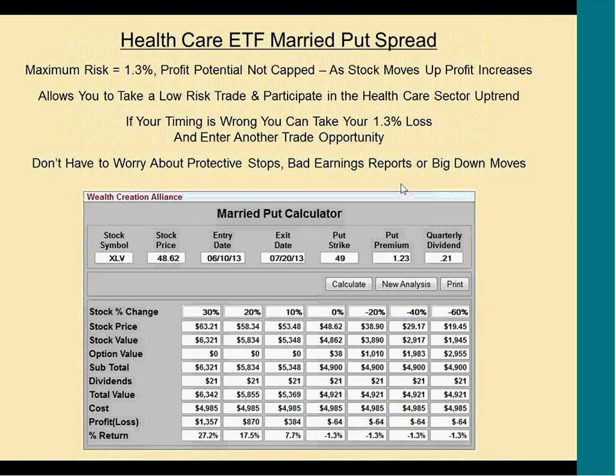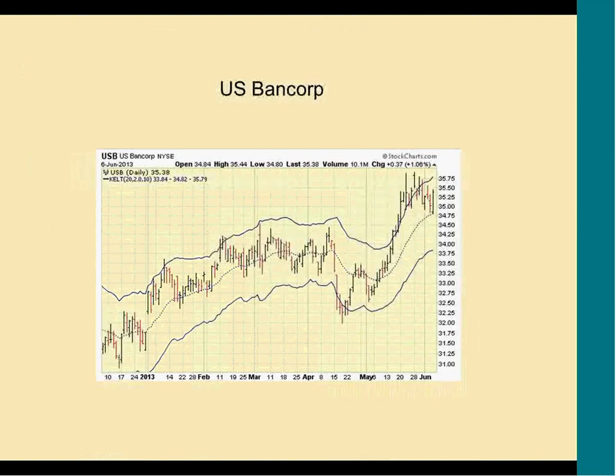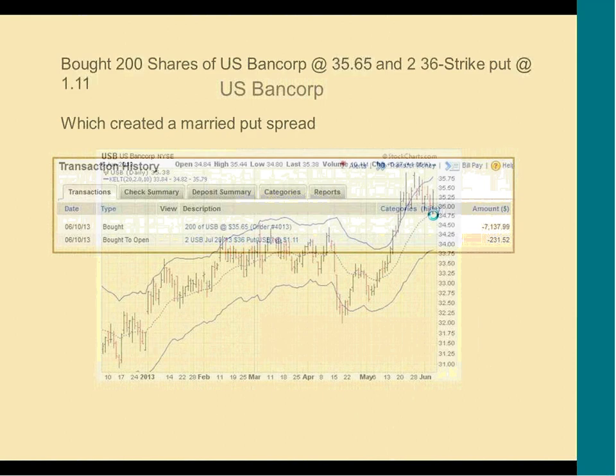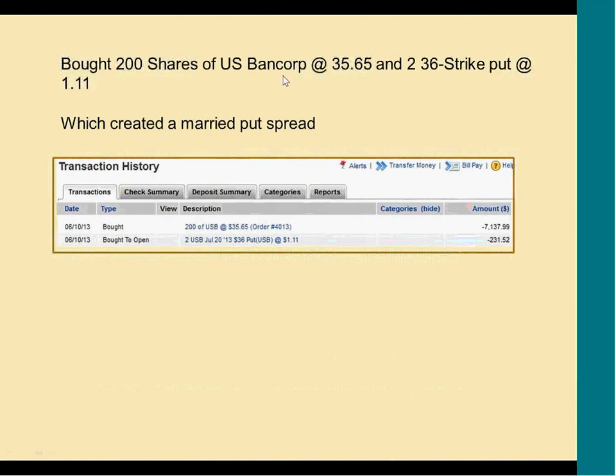So I don't have to worry about an earnings report for U.S. Bancorp, or a down move, and I don't have to place a protective stop. I simply buy my stock, buy my put to protect the stock, and then just wait until option expiration. And then I just take another trade at that point.